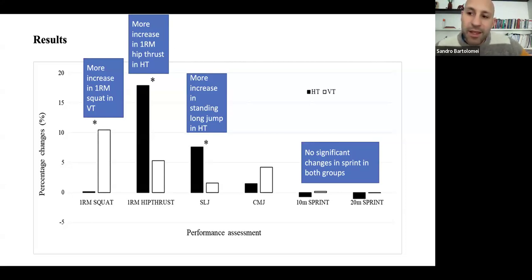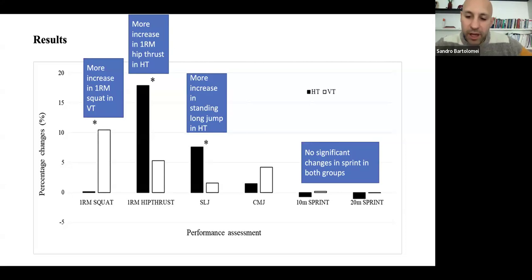But we didn't obtain any significant changes in 10-meter and 20-meter sprints, and no improvement in the sledge pushing exercise. So in the 10 meters sledge pulling at different loads, we didn't obtain any improvement.